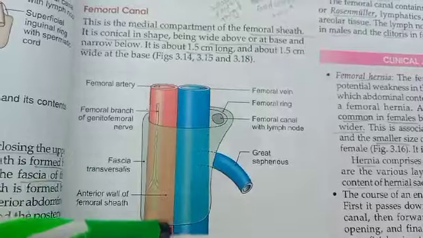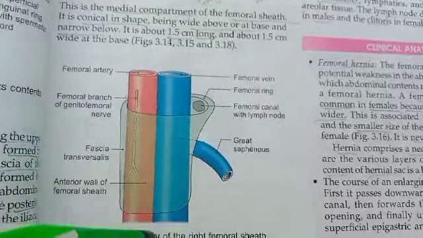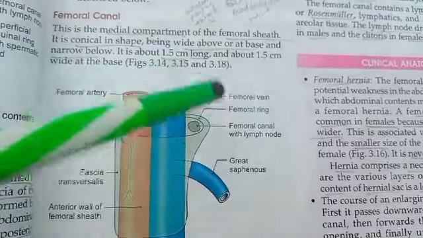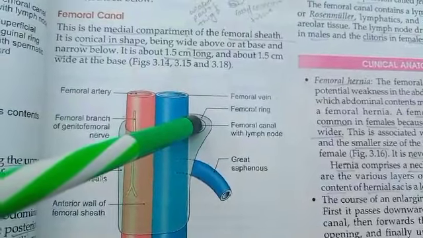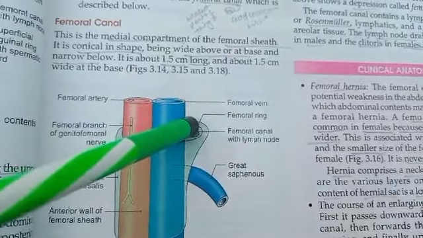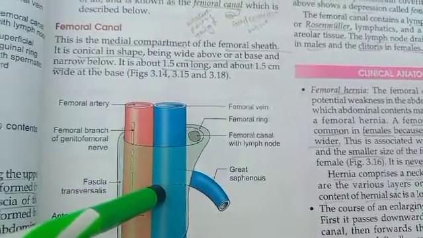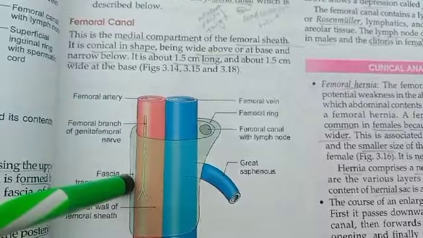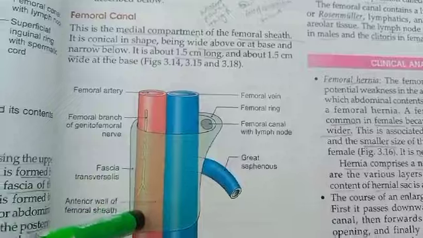Over the inferior side, it merges and continues with the connective tissue of the femoral vessels. Above there are three compartments. One is for lymph nodes, that is on the medial side. Intermediate is for the vessels, that is the femoral vein, and the lateral one is for the femoral artery, which also has the femoral branch of the genitofemoral nerve.